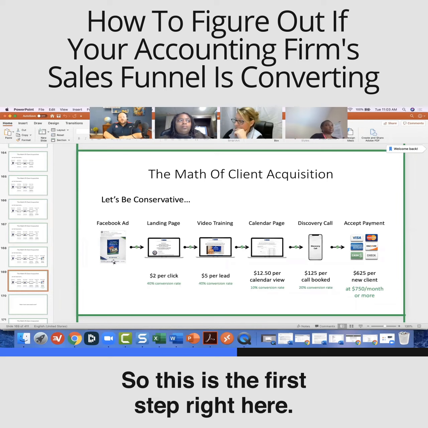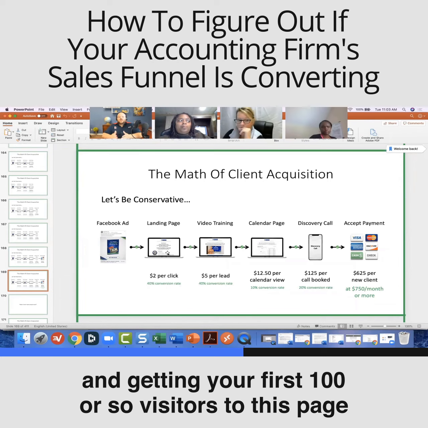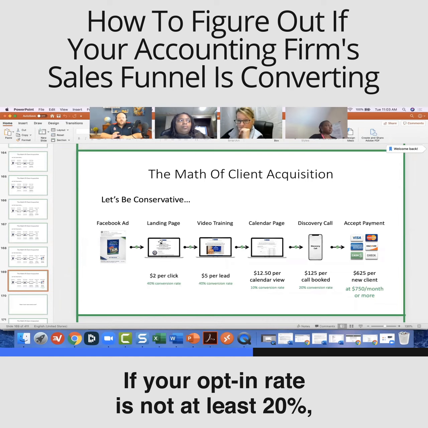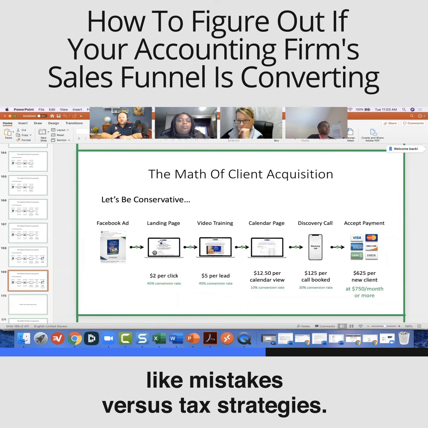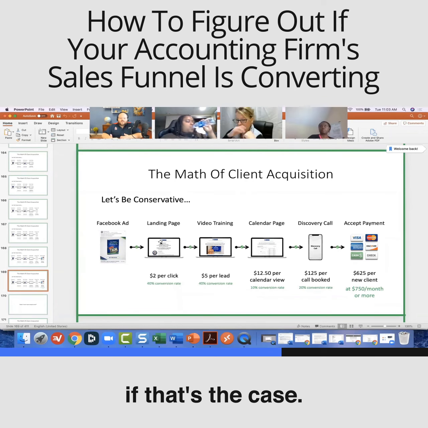So this is the first step right here: running paid traffic to a landing page, getting your first 100 or so visitors to this page, and seeing what your opt-in rate is. If your opt-in rate is not at least 20%, it might be the big idea in general, like mistakes versus tax strategies, and that's kind of what I would try to fix if that's the case.